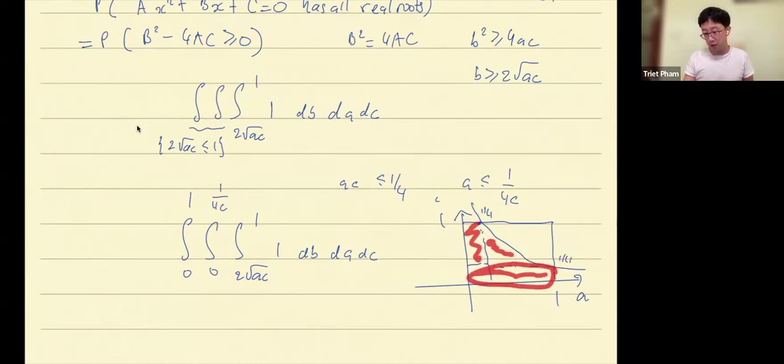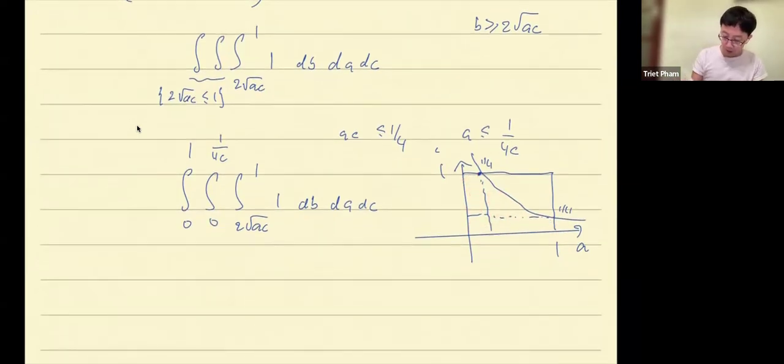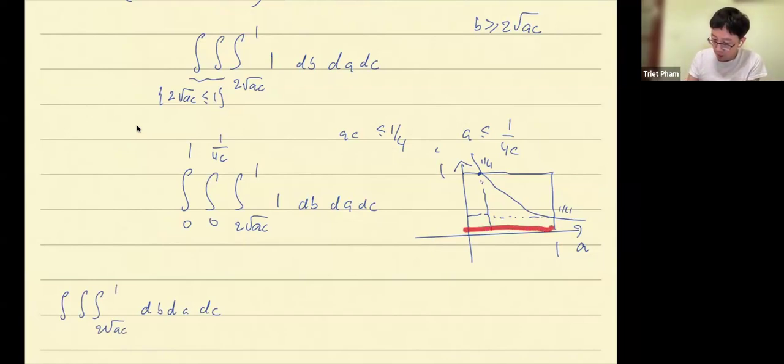There's this limit, and this limit. So in other words, you will have 3 integrals here. The first one, dB, dA, dC: B runs from 2 square root of AC to 1, then A runs from 0 to 1, and C runs from 0 to 1/4.